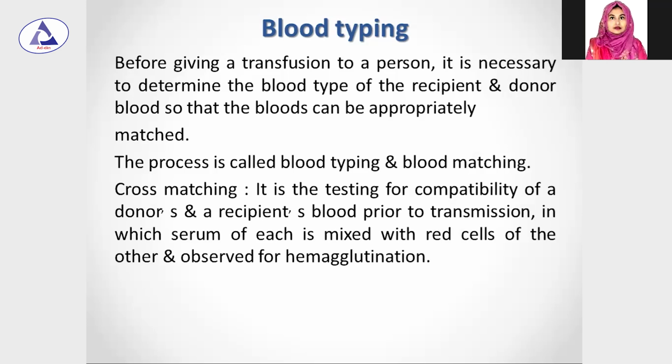Donor's and recipient's blood এর। যখনই cross matching এর কথা আসবে তখনই কেন যেন donor এর কথাটা first এ চলে আসে। Cross matching transfusion এর আগে করি, কি করি আমরা?